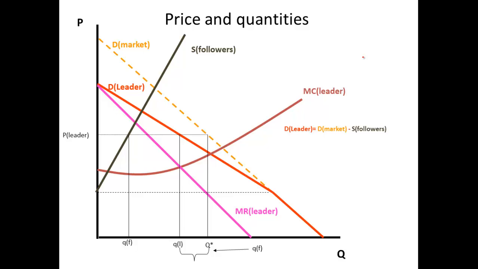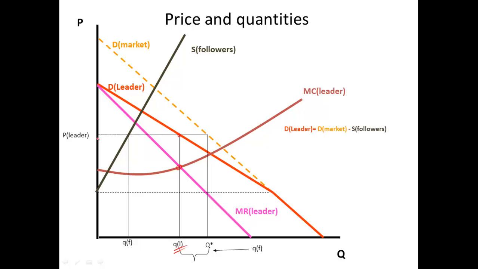All right, well, let's go over that again in a diagram that's kind of clean. So this shows us the prices and quantities, and again, we have this intersection of marginal revenue and marginal cost, and here's the leader's quantity of output.